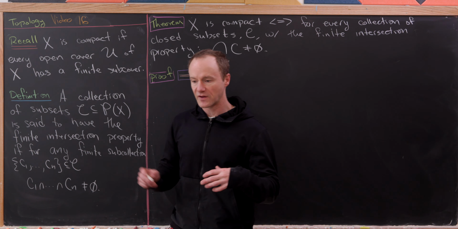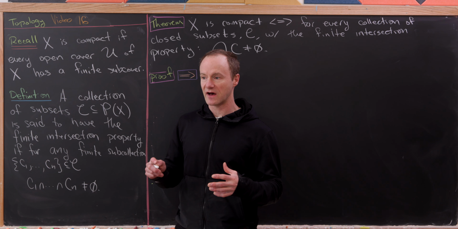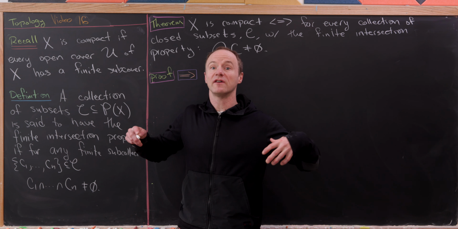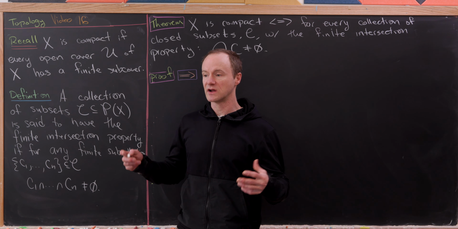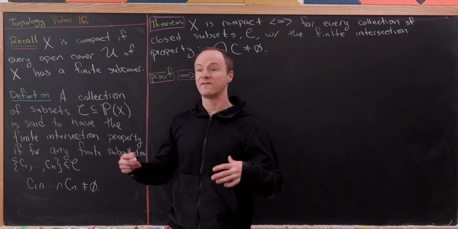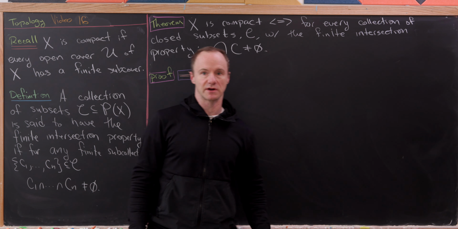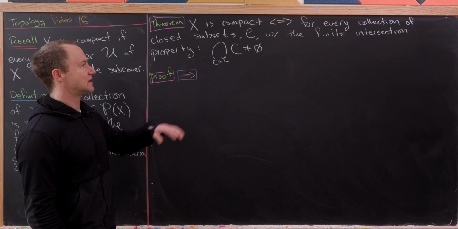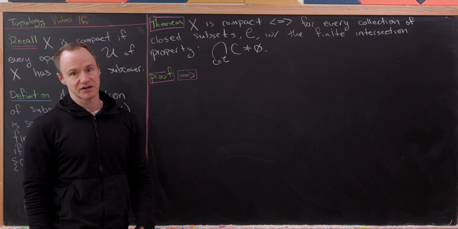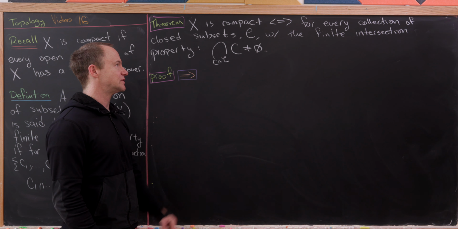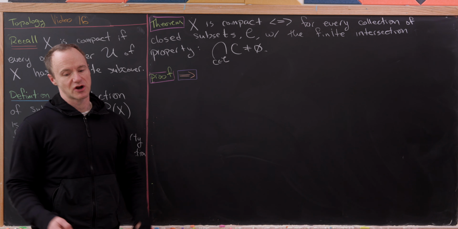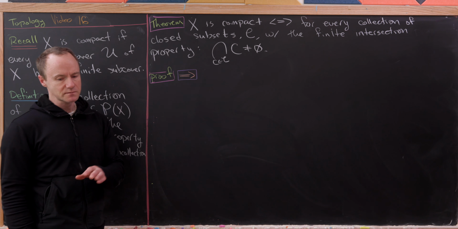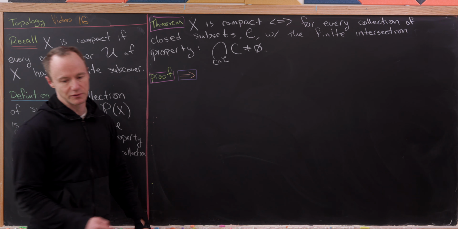For the open cover property, if the union of all of them is a cover, then we're guaranteed to have a finite union which is also a cover. Here it's the opposite: the finite intersection property gives way to this arbitrary intersection property. Okay, so let's get down to the proof.